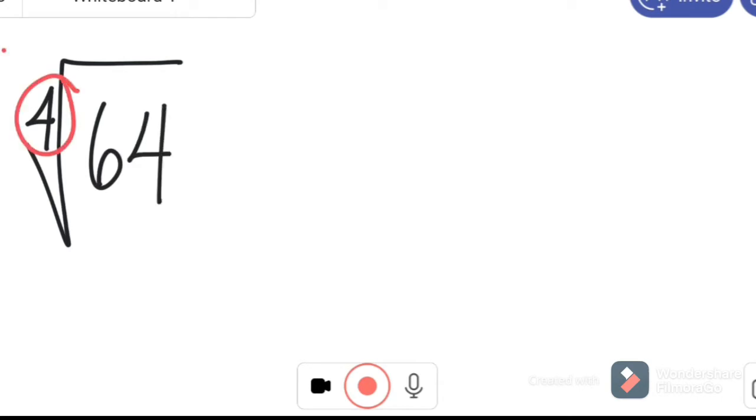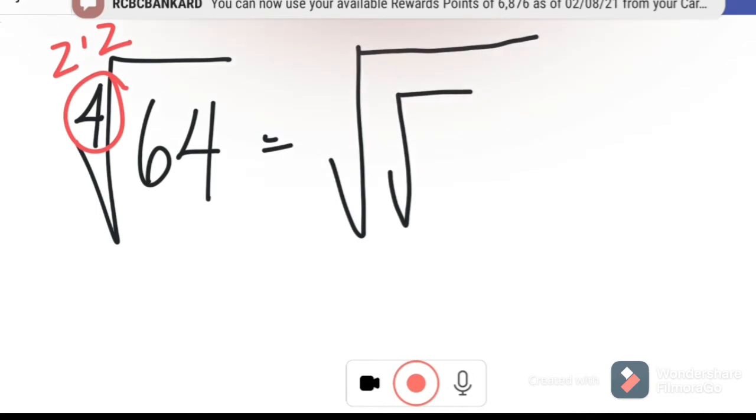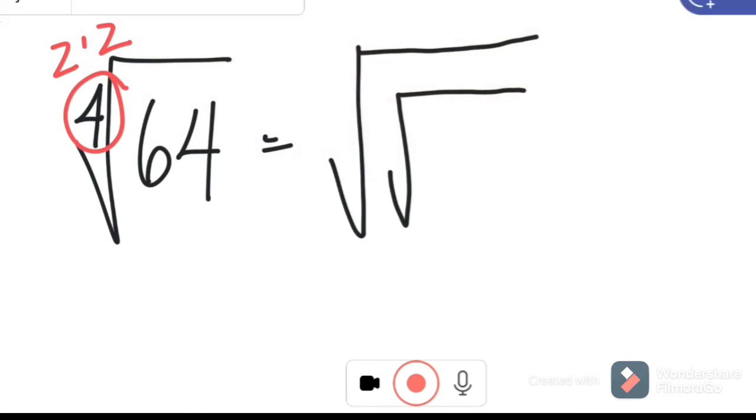Factor the index, we can have 2 and 2. That means we are going to write a square root sign here and another square root. Okay, so that we have 2 times 2 is 4.